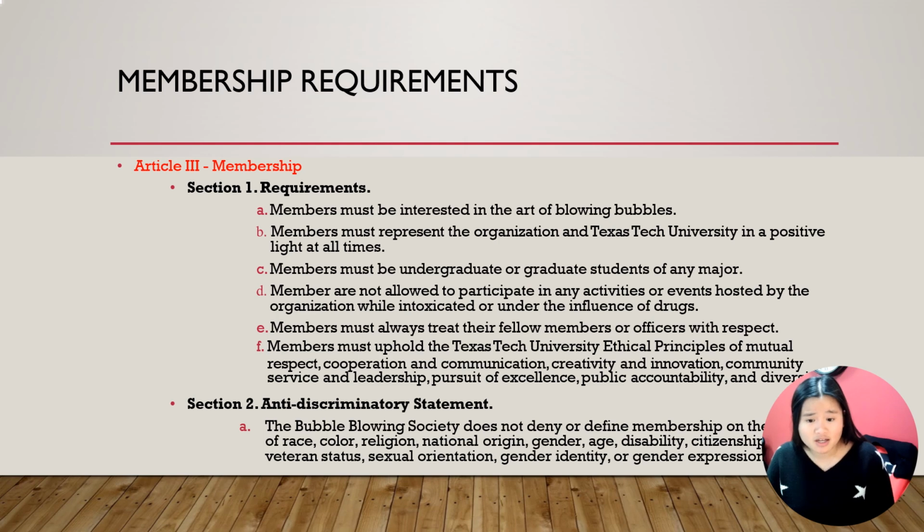Members must be undergraduate and graduates, students of any major, things like that. So this can look as much as 3 bullet points, 5 bullet points. It can be as long or it's going to be as short. We do want to be inclusive to all, so making sure that we aren't excluding any specific majors or any students. So we make sure that we're including everyone on that.